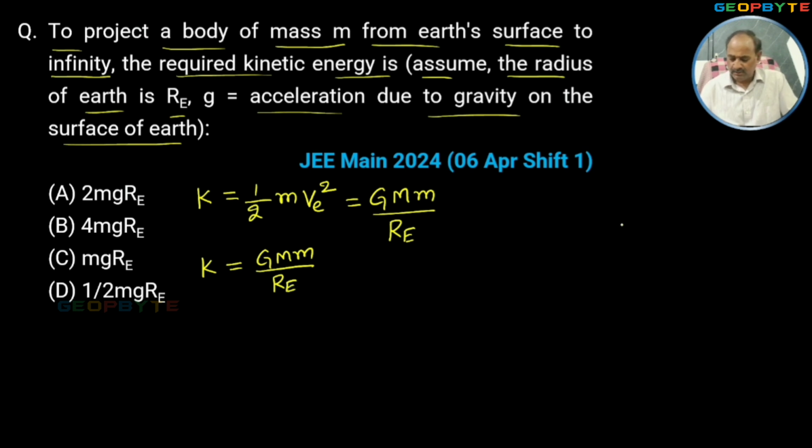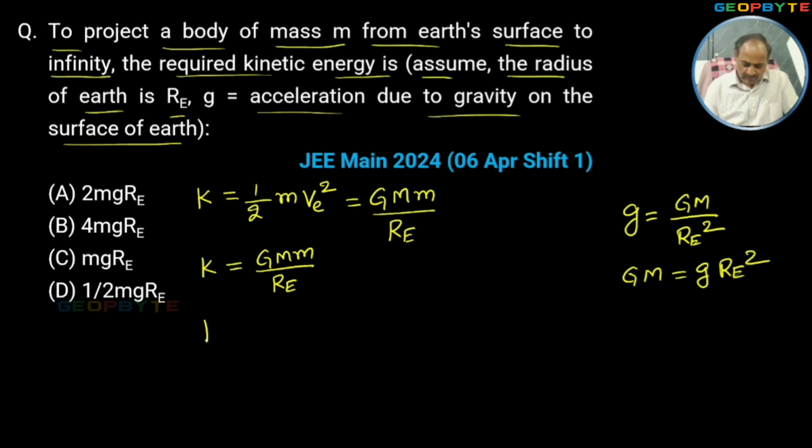But as you know, the acceleration due to gravity g on earth's surface is GM by RE square. From this I can write that GM equals g RE square. Therefore kinetic energy K equals g into RE square into m divided by RE.